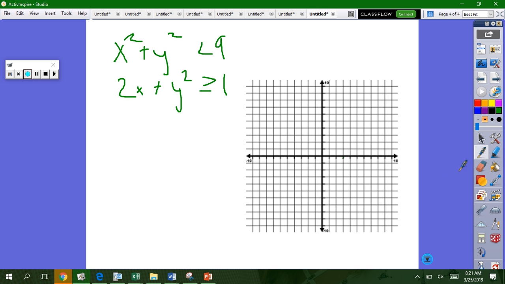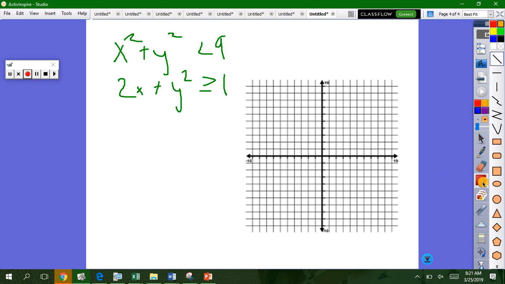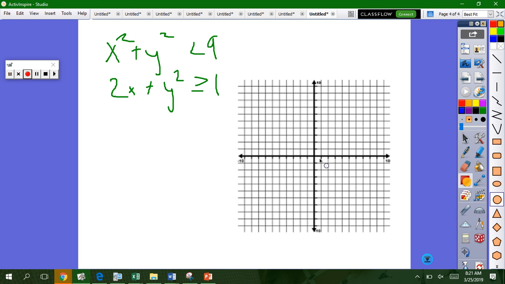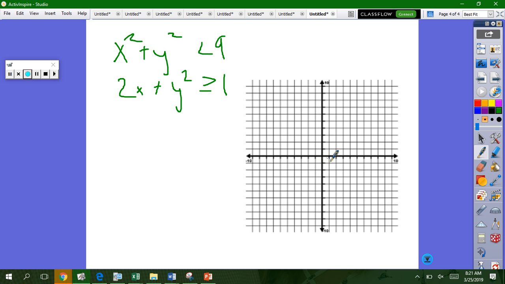So here it is. I wonder if my circle thing is going to work. I'm going to try it. Oh, that's not what I wanted. Undo. Okay, I tried. I was going to make it all pretty for you. All right, just because you asked.